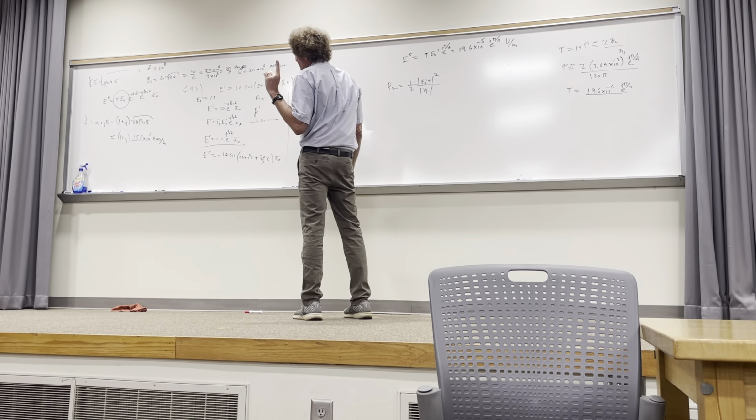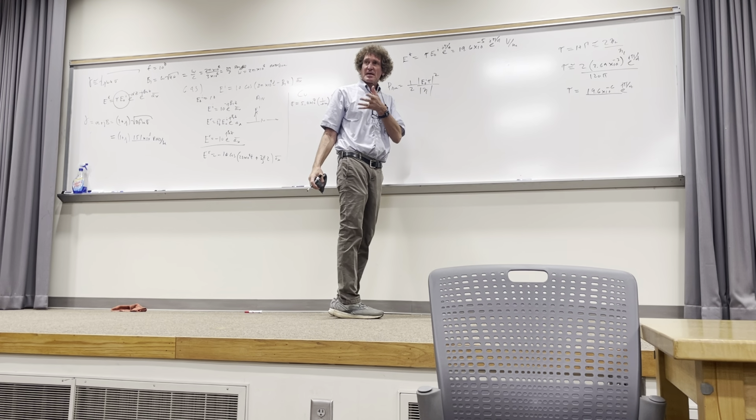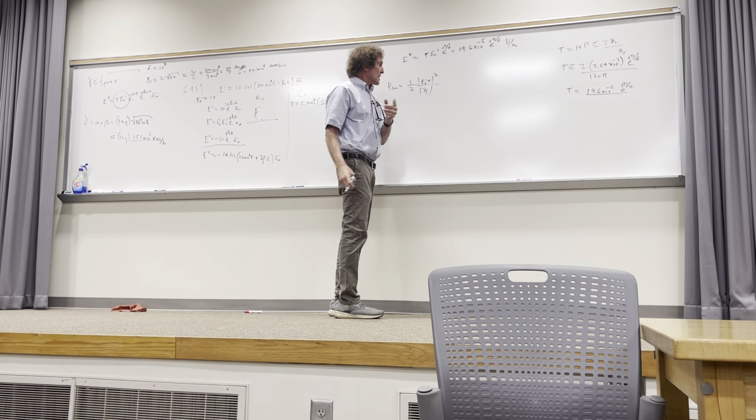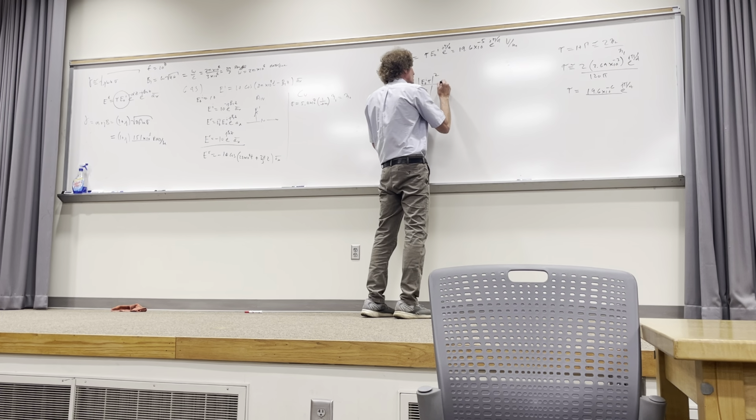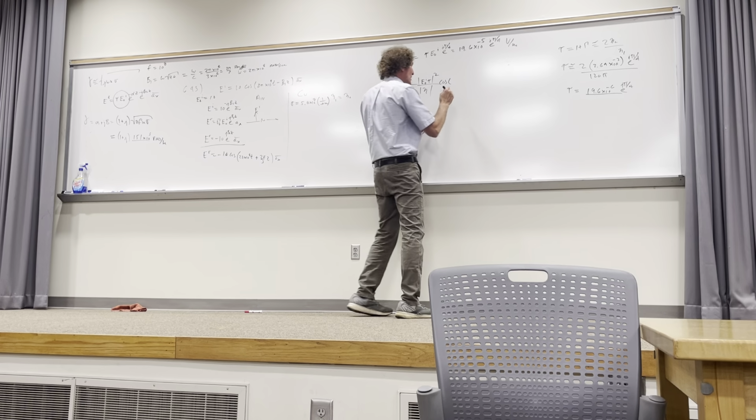I guess I erased eta, but that's 3.69 times 10 to the minus 3, right? Then there's also a cosine of the angle associated with eta, which is 45 degrees. Do you follow me on that? So I'll put cosine of pi over 4 here.